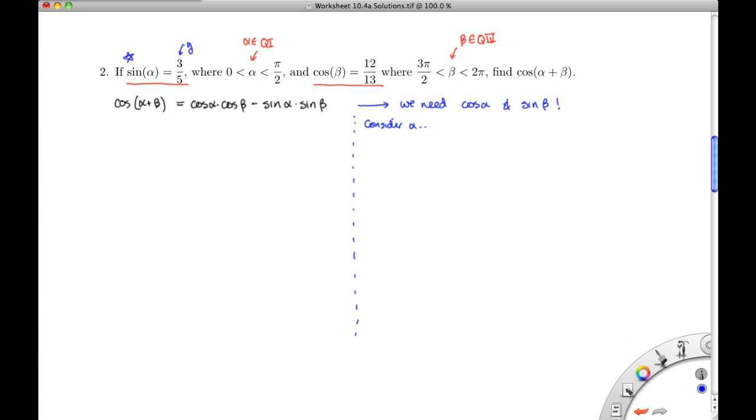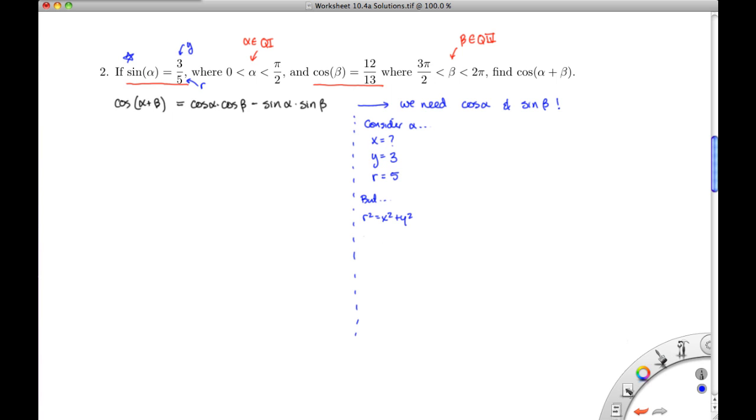So our y is going to be 3, and our r is going to be 5. So if we're looking at x, y, and r for alpha, we know that y is 3. We know that r is 5. It's just x that we don't know. And if we can get x, then we can find the cosine of alpha. So we know that r squared is equal to x squared plus y squared.